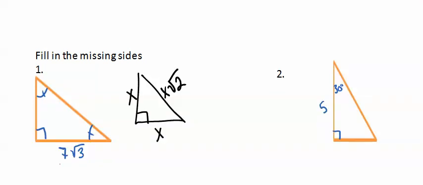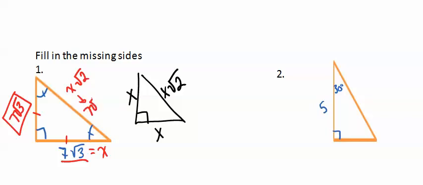So, if this side is 7 square root of 3, this side has to be the same as this one, so we'll fill that in as 7 square root of 3. And this hypotenuse is x square root of 2, so we'll substitute in 7 square root of 3 for the x, drop down the square root of 2. Therefore, the hypotenuse would be 7 square root of 6.